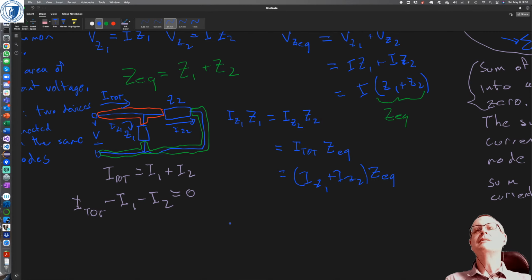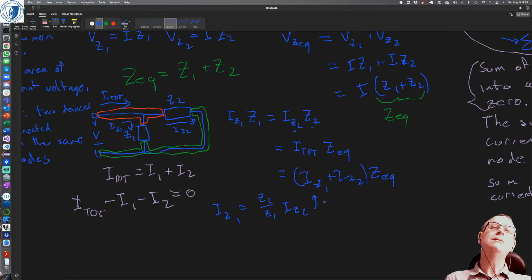Well, let's try this. So what we can do is we can say that I Z1 is equal to Z2 on Z1 times I Z2, right? Because I've got I2 Z2, I just divide both sides of this equation by Z1 and I get I Z1 in terms of I Z2. And then I can probably put that in there. Don't know whether that helps at all. Does that help at all?